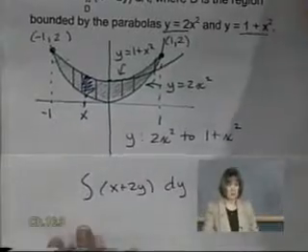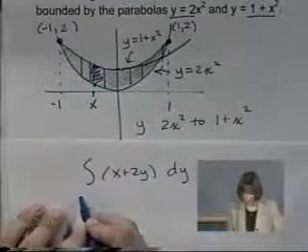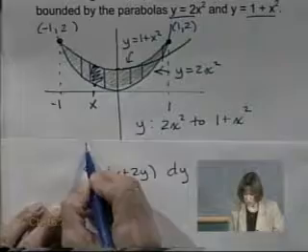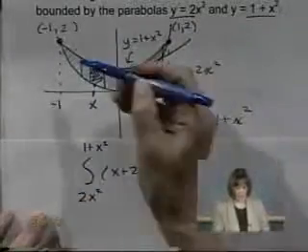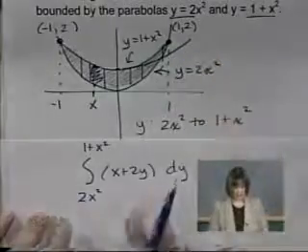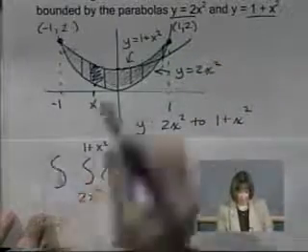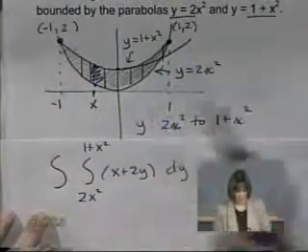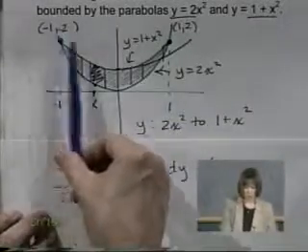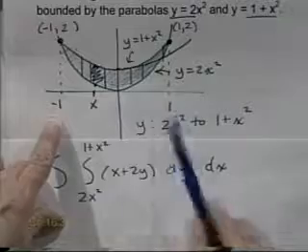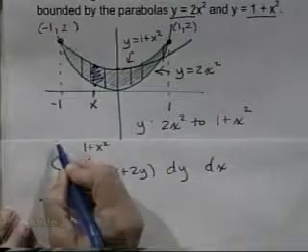So our limits of integration are from 2x squared to 1 plus x squared. Then we take each and every one of those strips and sum them up. And what is x ranging from? Well, from the lowest strip to the highest strip, x is ranging from negative 1 to 1.